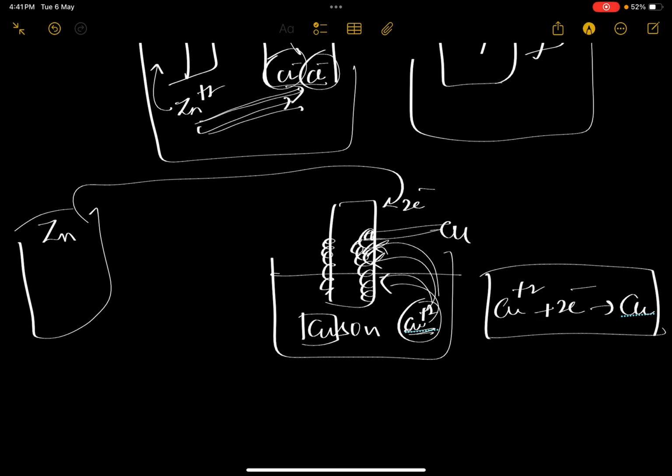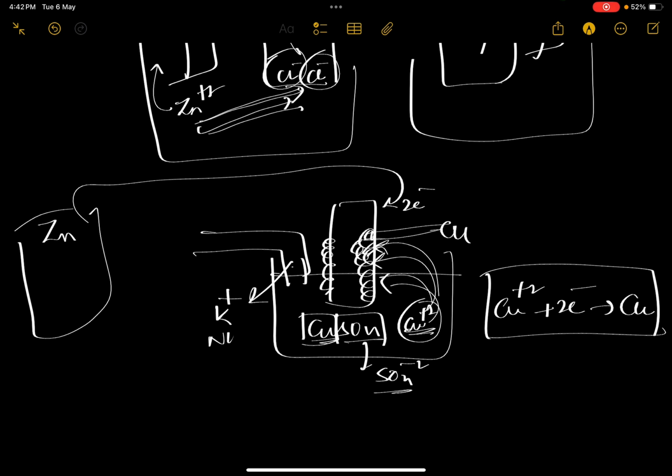And when copper plus 2 is lost from solution, these sulfate ions must be neutralized or stabilized there. For that purpose, again we have the salt bridge. In the salt bridge, whatever cations are there, like K plus and NH4 plus, they are attracting these sulfate ions. Got it? The salt bridge's role is to stop the accumulation.